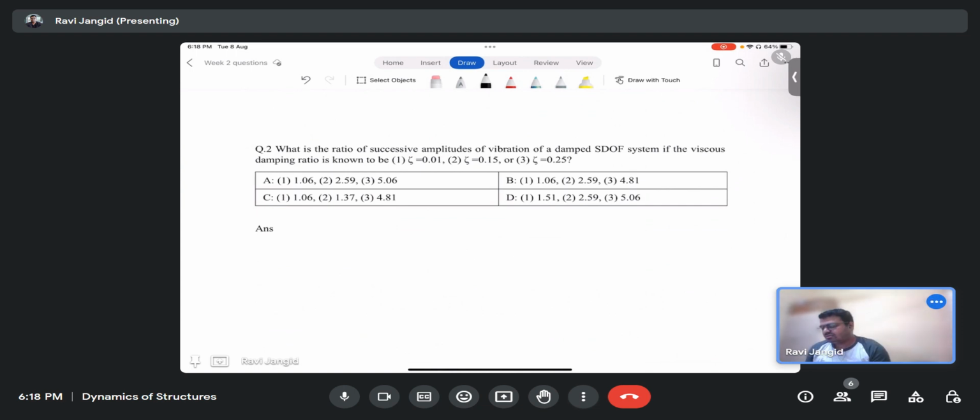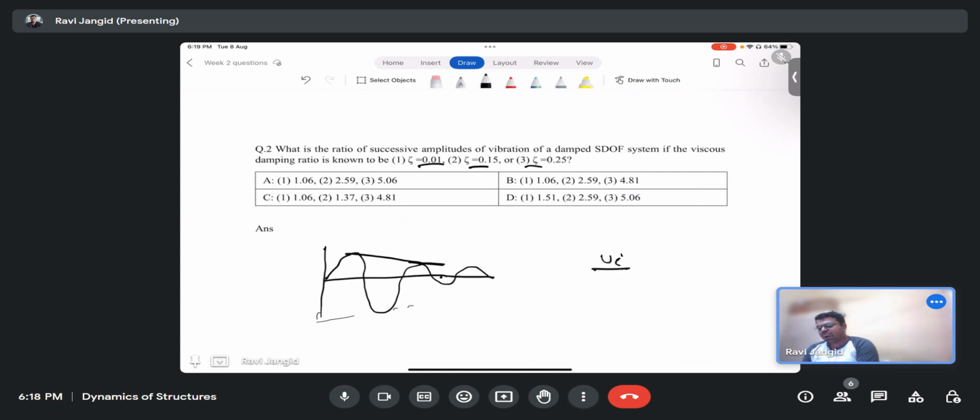As we know, when I provide damping, my system goes through logarithmic decrement. So corresponding to these damping ratios, I need to find the ratio of the initial displacement, the first displacement, divided by the next displacement, u i by u i plus 1, the successive amplitude ratio.